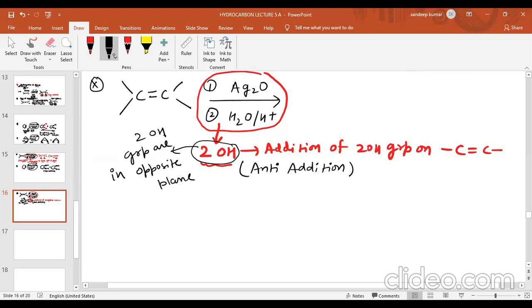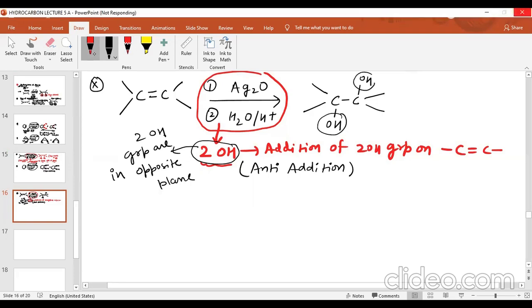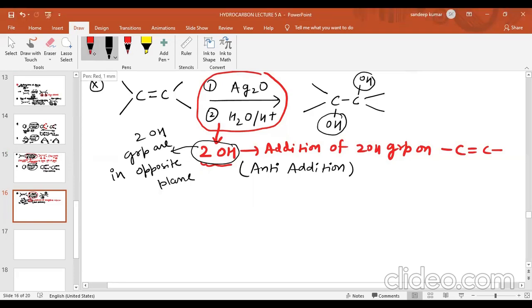Now see how. So if there is carbon carbon, if one OH comes from this side of plane, then another OH will come from this side of plane. So these two OH groups are on the opposite side of plane. So this is anti addition. Now it is clear to all of you.